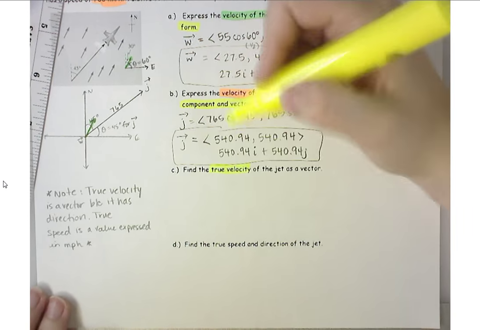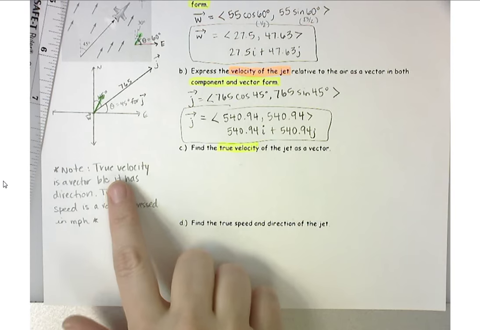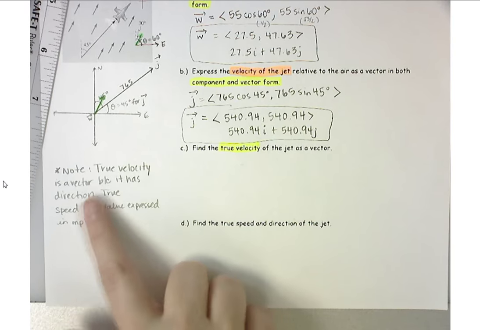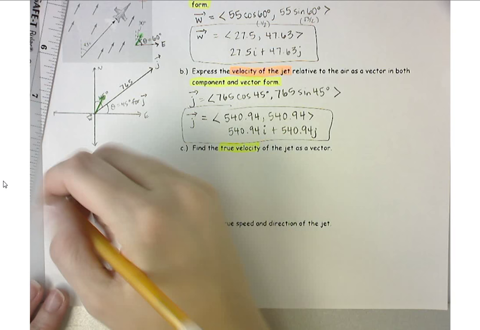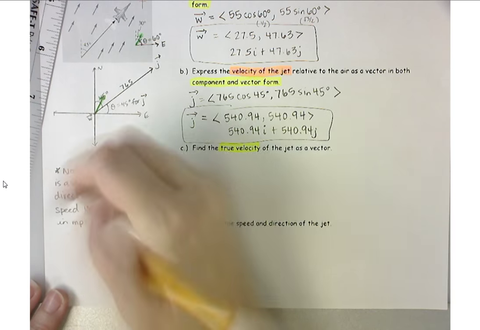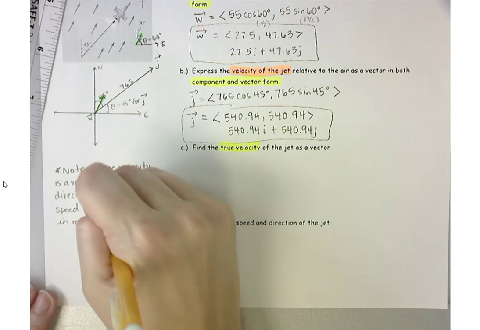So if we're going to find the true velocity, I put a little note that true velocity is always going to be a vector, and that's because it has direction. The true speed is a value expressed in miles per hour, and it has no direction.